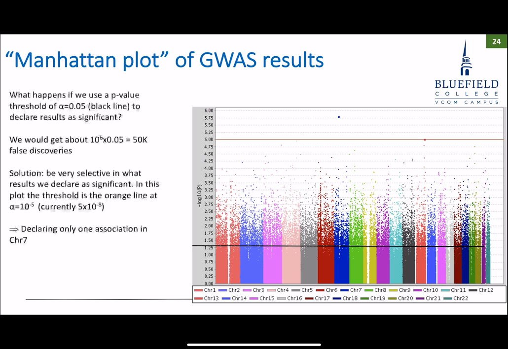And the problem is that this level tells us about the statistical significance obtained by chance alone. So it can be a false positive.